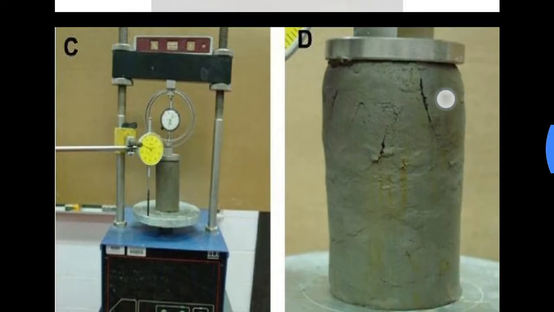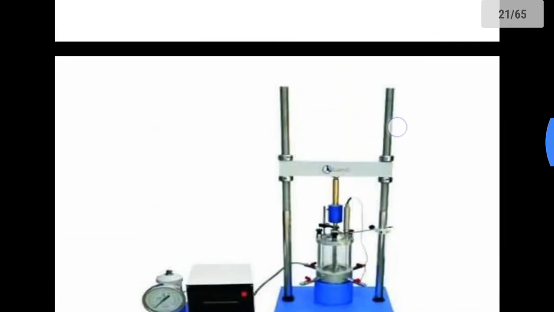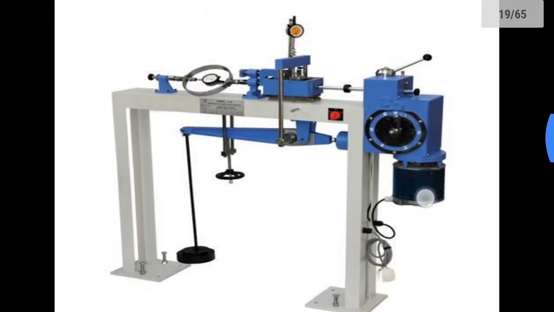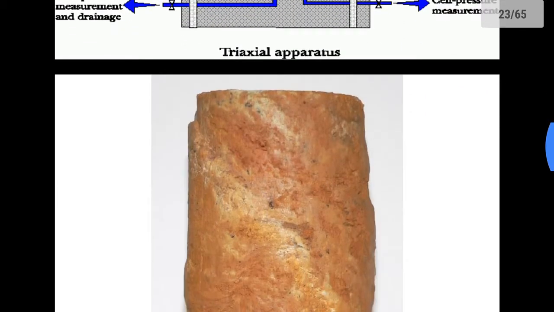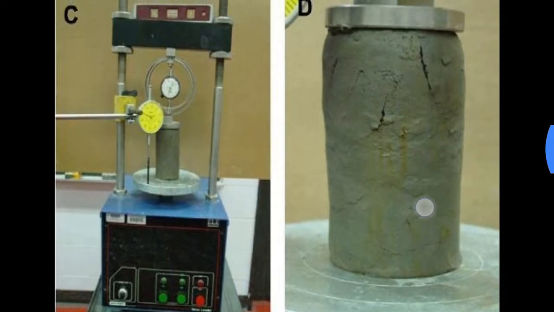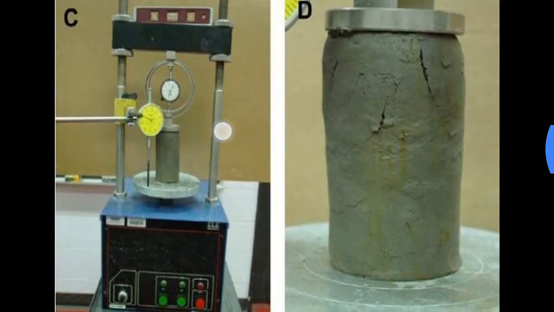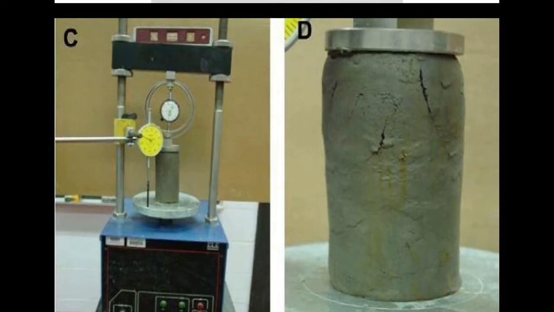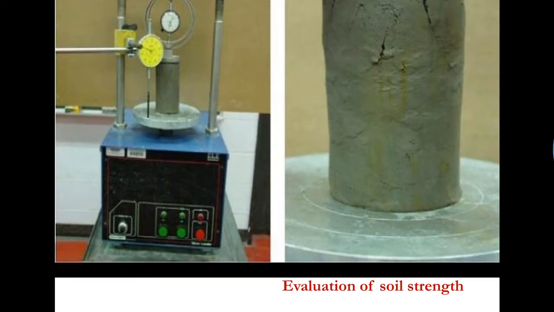The third type of test is unconfined compression test. Here there is no casing to the soil specimen, and direct normal load is being applied, and the load at which the specimen fails is the shear force.